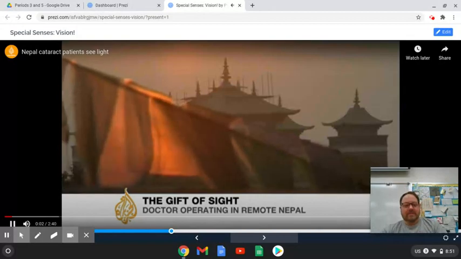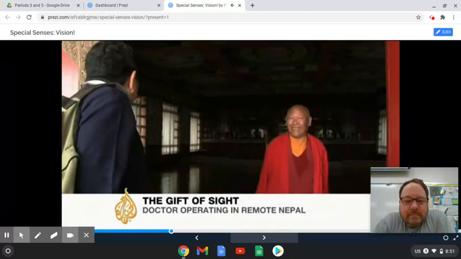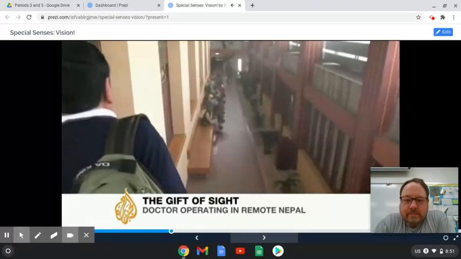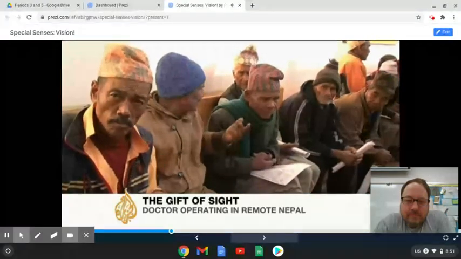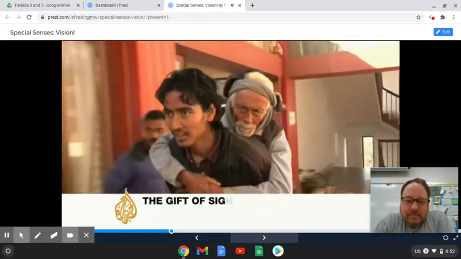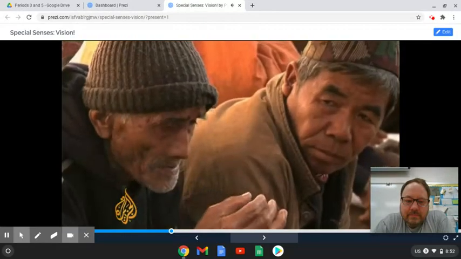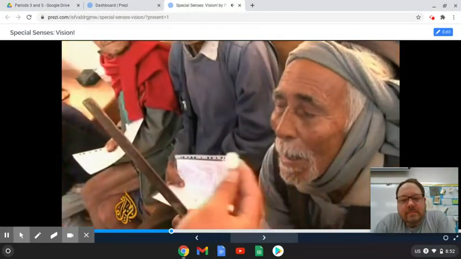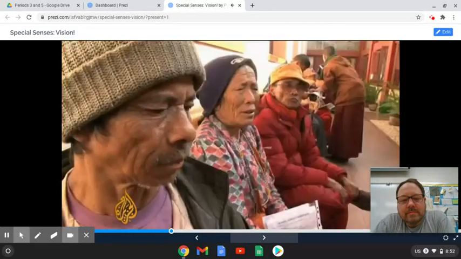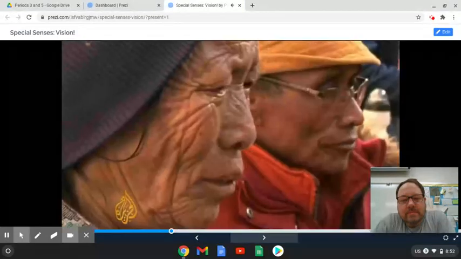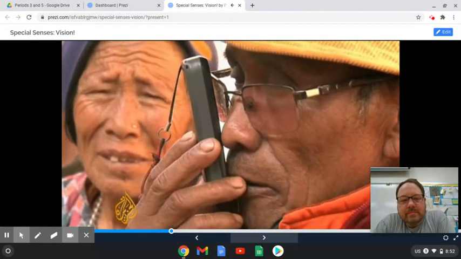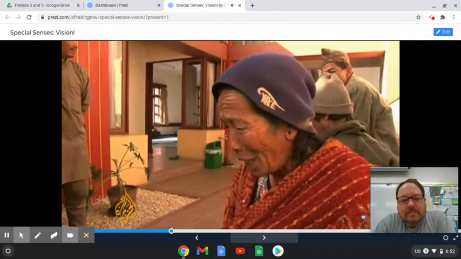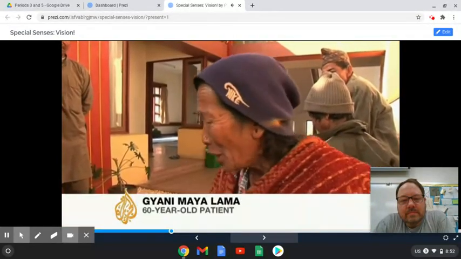At this monastery outside Kathmandu, Dr. Sandukruit is arriving with a mission. He may not be a household name, but his work has touched millions. He hopes to restore the sight of all these people who suffer from cataracts. An estimated 150,000 people in Nepal are blind because of cataracts. 60-year-old Ganimaya Lama has been blind in both eyes for over a year. I've cried for months. I have to depend on my grandchildren even to walk.